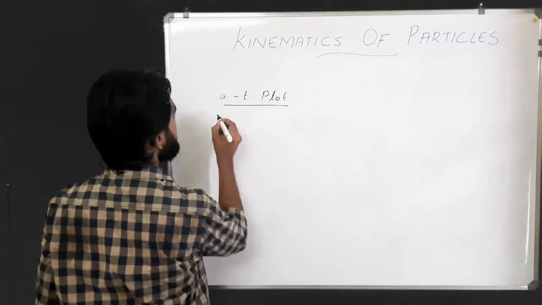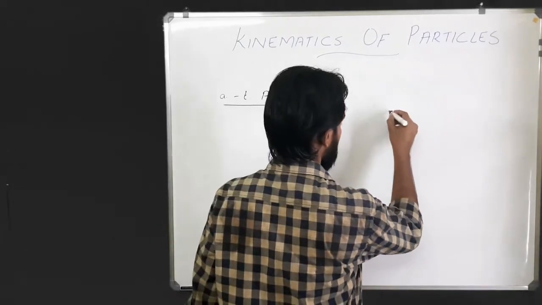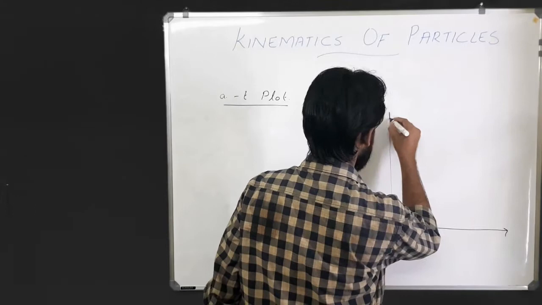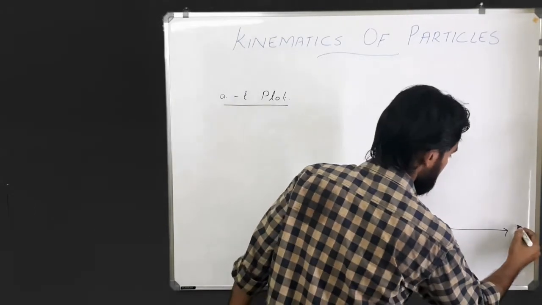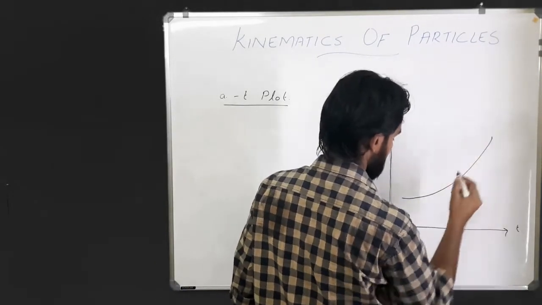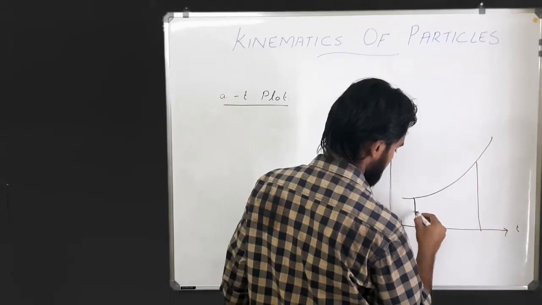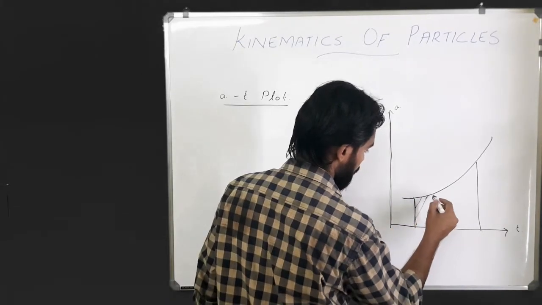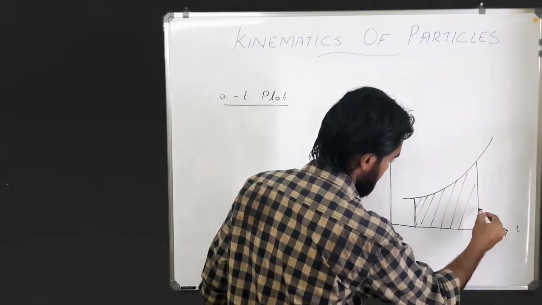The next plot is the acceleration time plot. Since we are not differentiating again, instead of finding the slope of the tangent, I find the area under the AT plot.